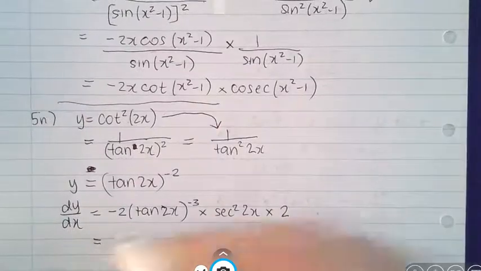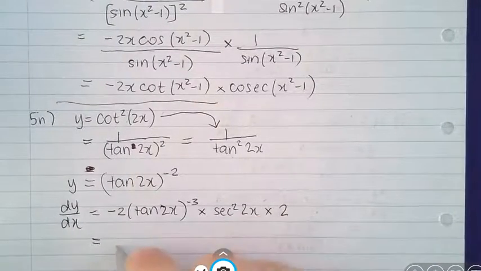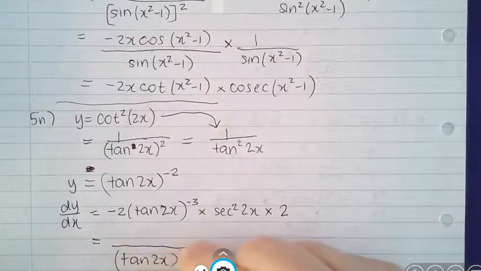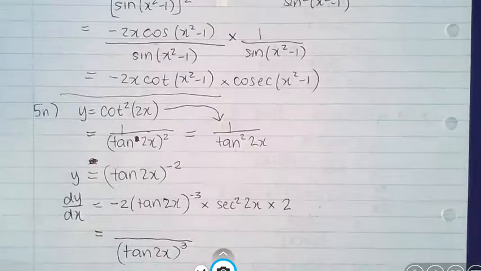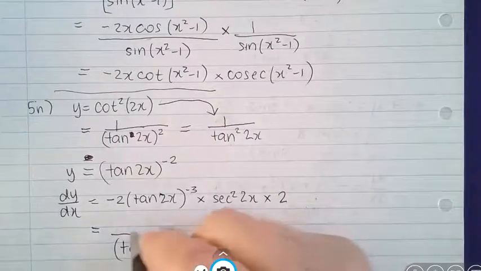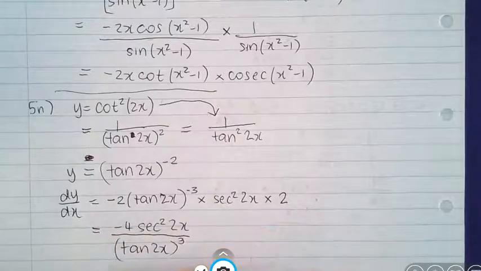So what have I got on my numerator? This negative 3 is going to be on the denominator, so on my denominator I've got tan of 2x cubed. What's left on my numerator is negative 2 times 2, which is negative 4 sec squared 2x.